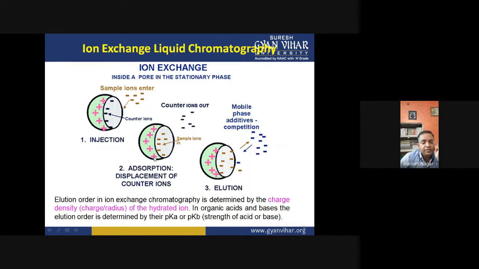And in the second phase, adsorption of the sample ions and displacement of the counter ions. These counter ions, which are already present on the ion exchange bed, are displaced by the sample ions. This is called the exchange of the ions from the bed.